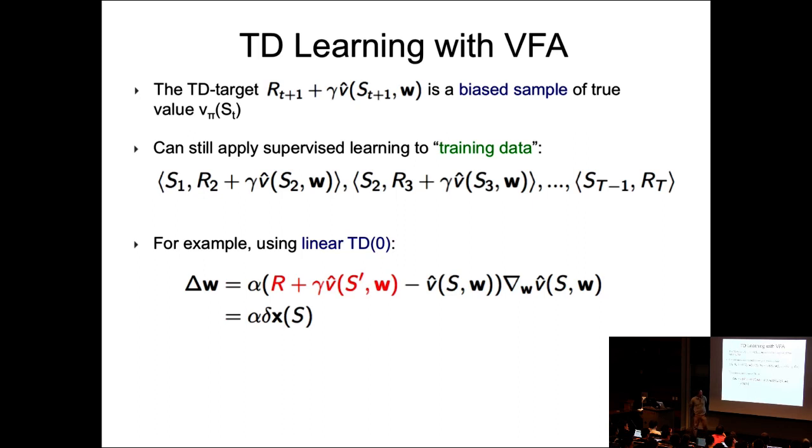What do you mean, like here? No, the term that's being multiplied. This one? Yeah. Should it have the gradient with respect to v hat s prime comma w as well? So this is the gradient of v hat with respect to w, with respect to the parameters. Yeah, so because the reward also has s prime as well, right?